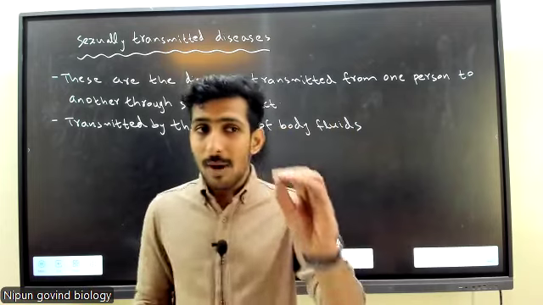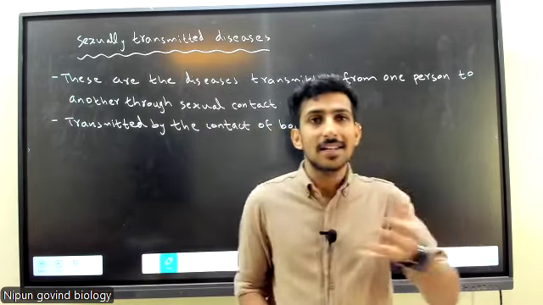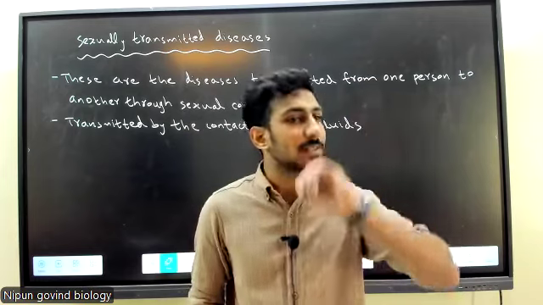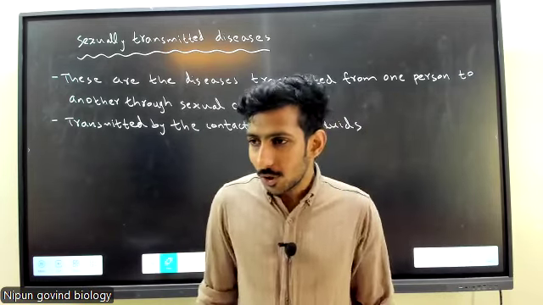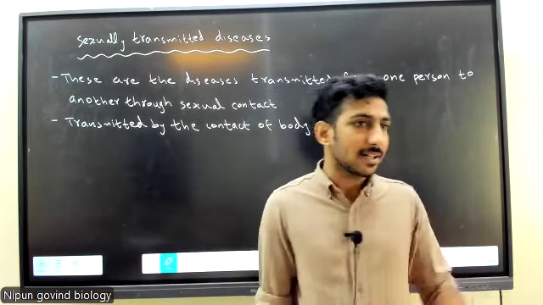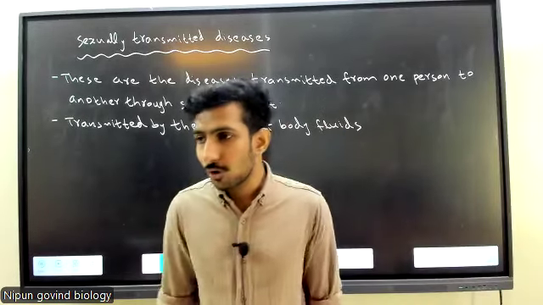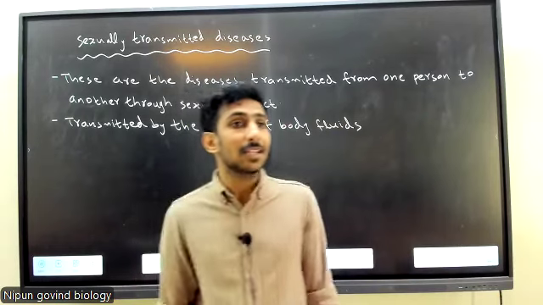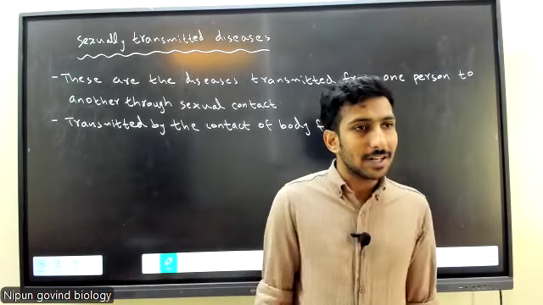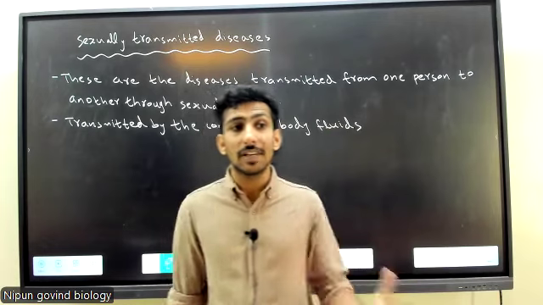The coronavirus inhabits our respiratory tract. You cannot find the coronavirus in the intestine. It will be present only in your respiratory tract. Streptococcus pneumonia will be there only in your lungs. So different pathogens have different areas of infection.